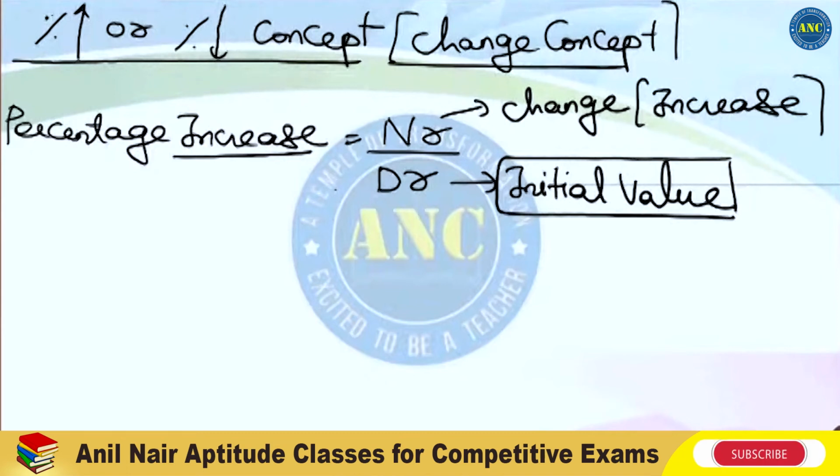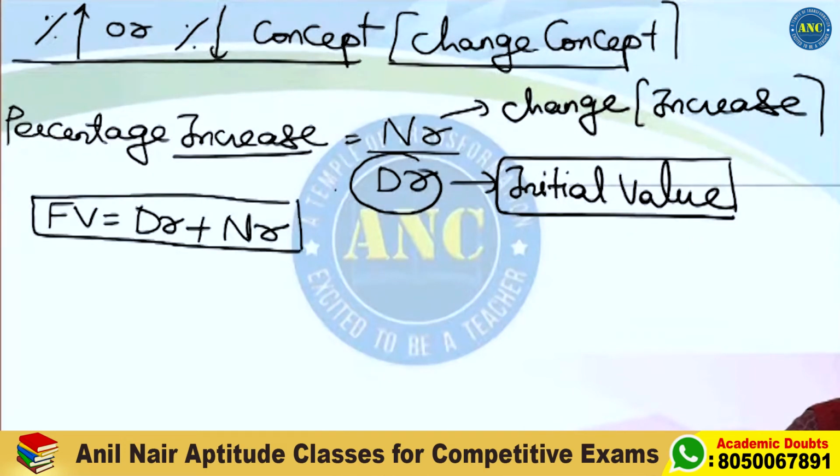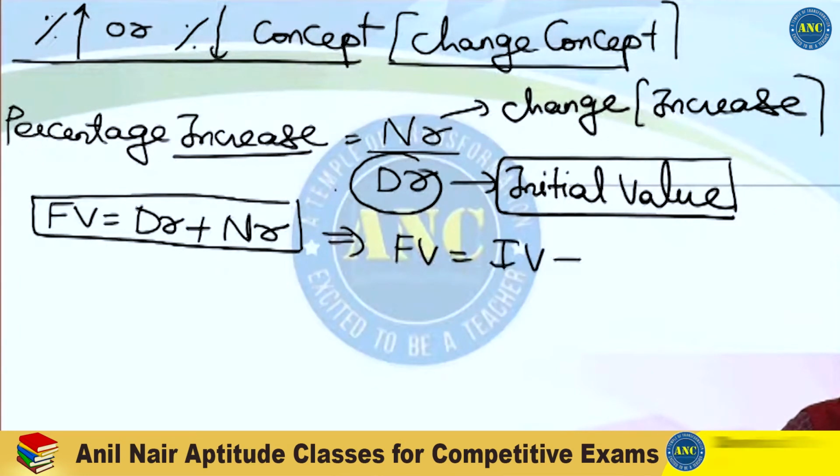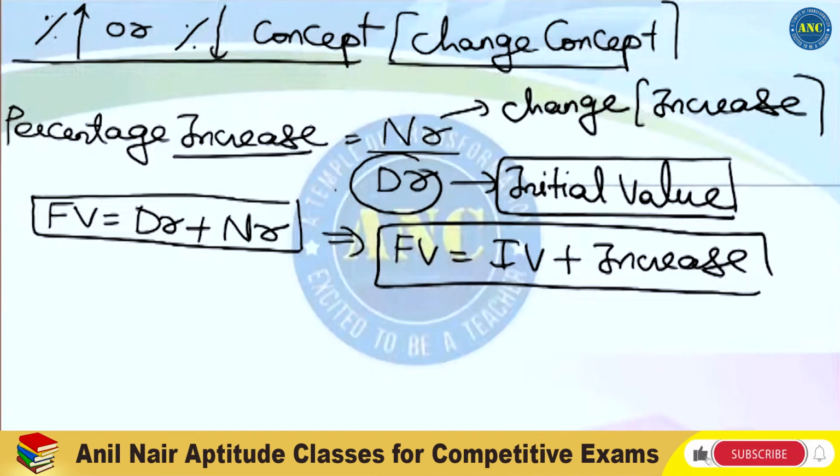Always in percentage increase, denominator is always the initial value. So, final value is nothing but denominator plus numerator, which is nothing but initial value plus increase. Please write down. Not a single formula we will use in SICI and profit, loss and discount. Solve every problem through a particular theme.